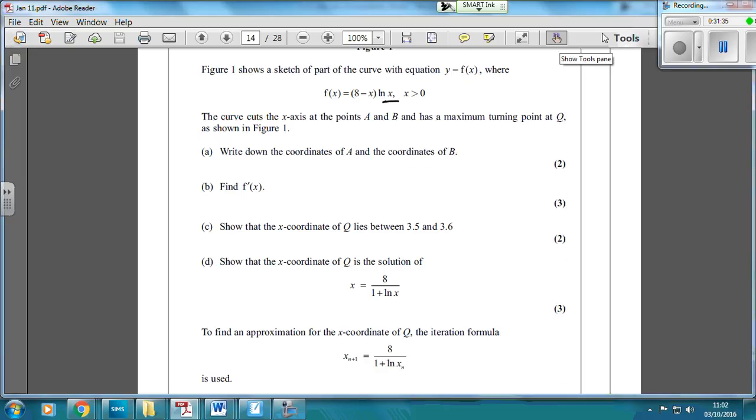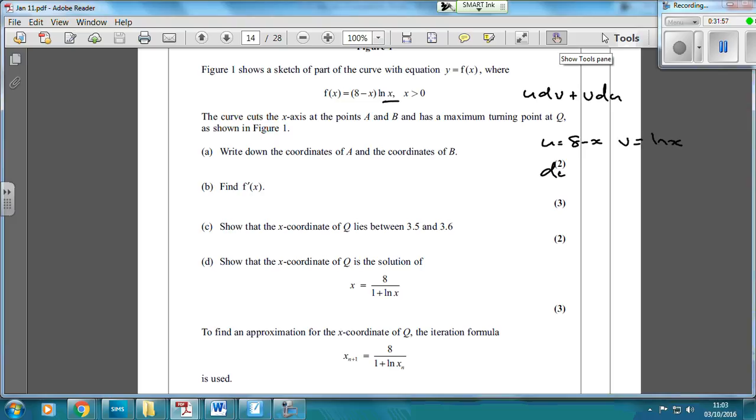What you should notice here is you've got to differentiate 8 minus x times log of x. So what you need to do is the product rule, which is u dv plus v du, where u equals 8 minus x and v equals log x.